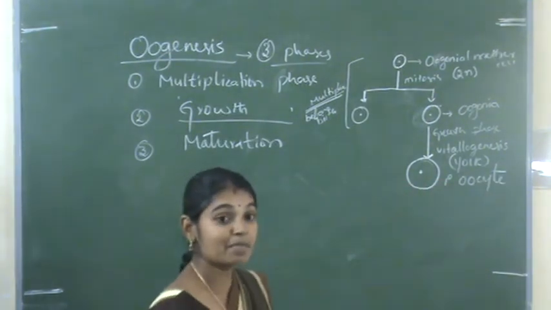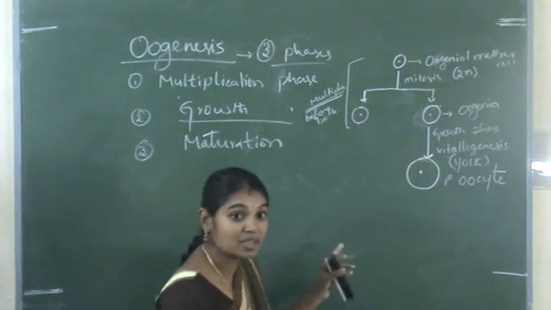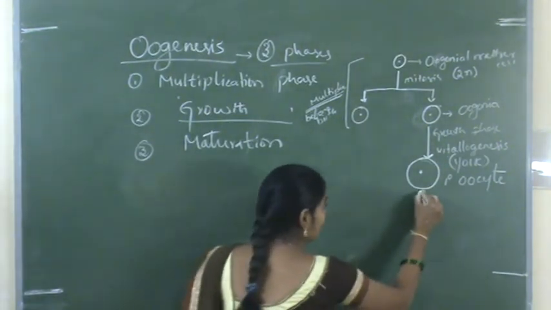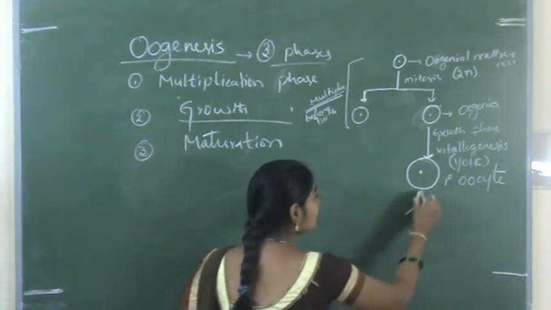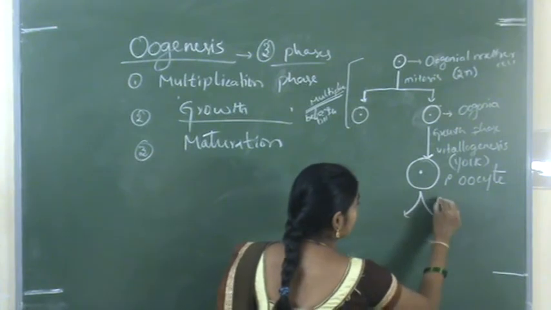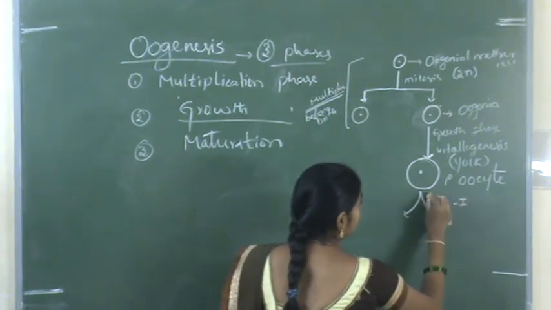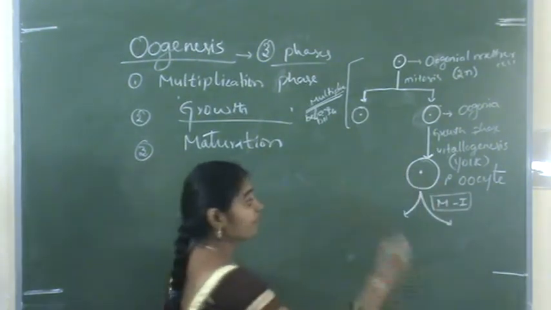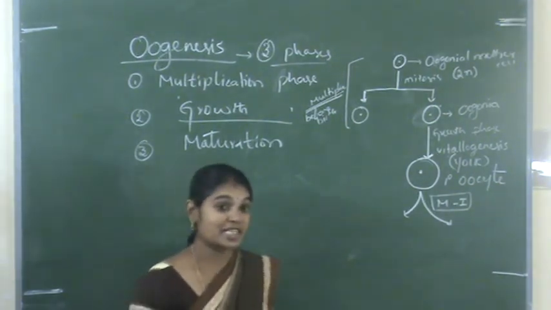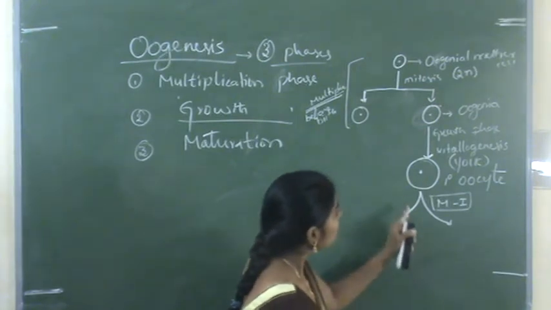Now this primary oocyte undergoes meiosis 1. Because of meiosis 1 and meiosis 2, two meiotic divisions take place.